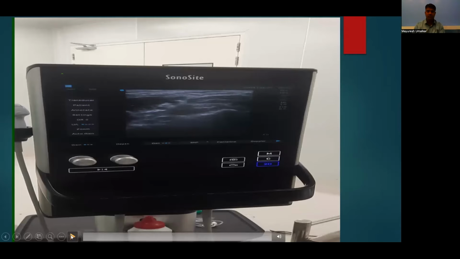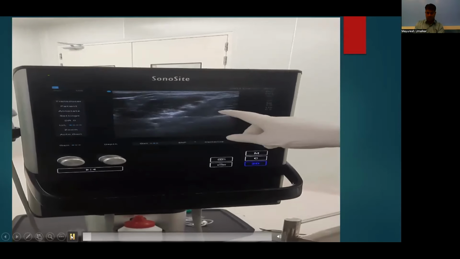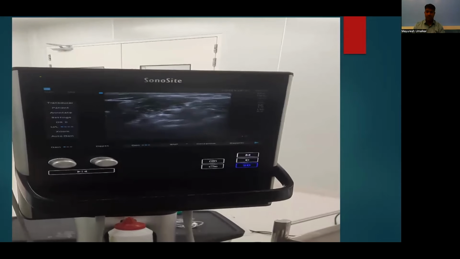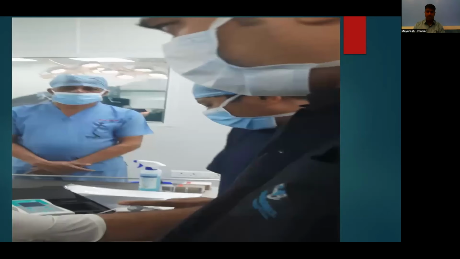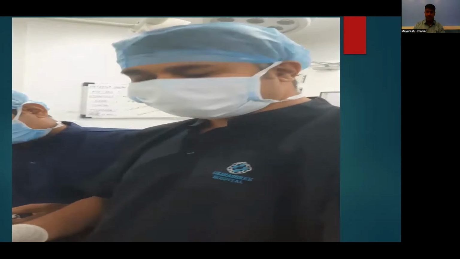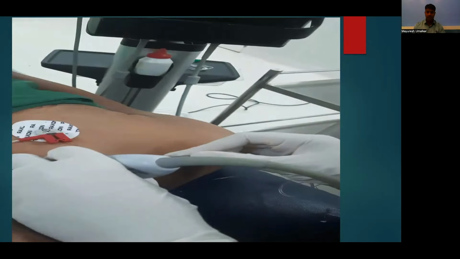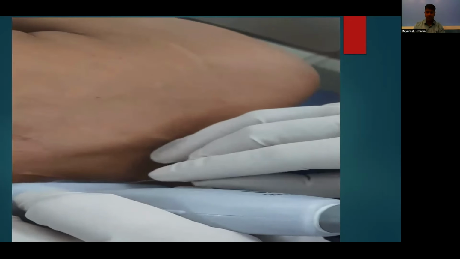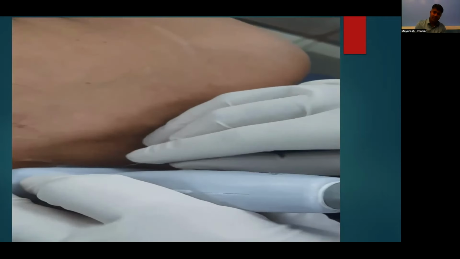You can see the interscalene groove and the traffic light sign. Okay, now see here, I am going to give an out of plane interscalene block. Let's see how we get the stimulation. You will see the deltoid stimulation.